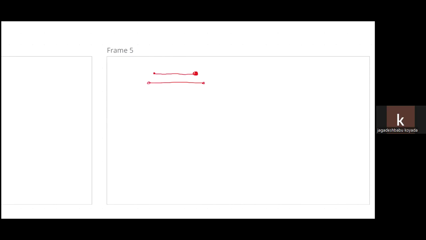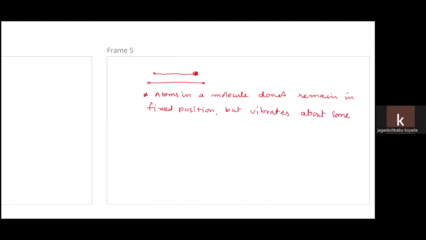Atoms in a molecule do not remain in a fixed position but vibrate about some mean position even at 0 Kelvin.